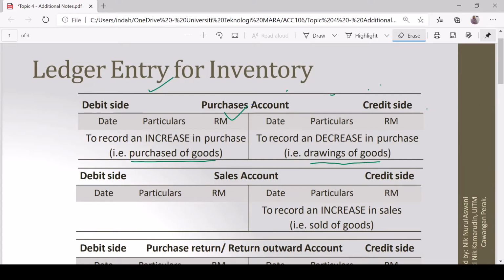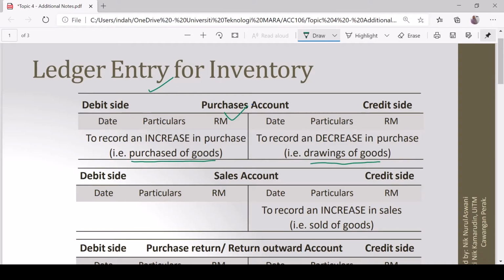When the owner took something from the business, either goods or cash, we are going to record that in the drawings account. The drawings account is one component of equity, but the drawings account decreases the equity.